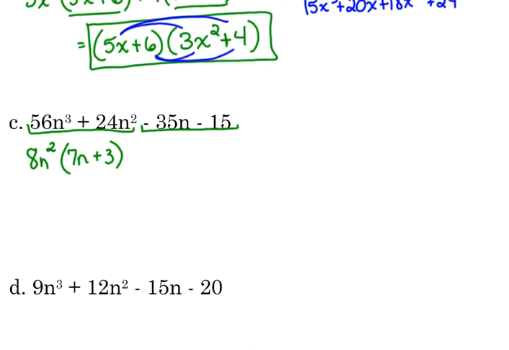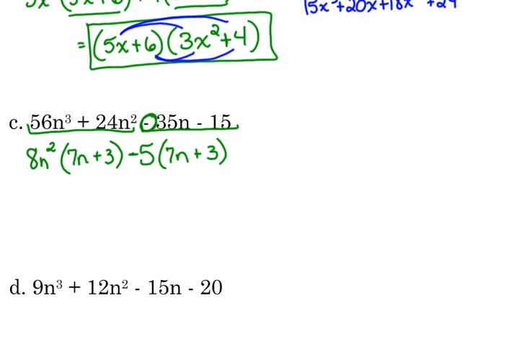Last pair, anytime that first term in that second pair is negative, you got to take out the negative. 35 and 15, we've got a GCF of 5. So what are we left with? 7n plus 3.